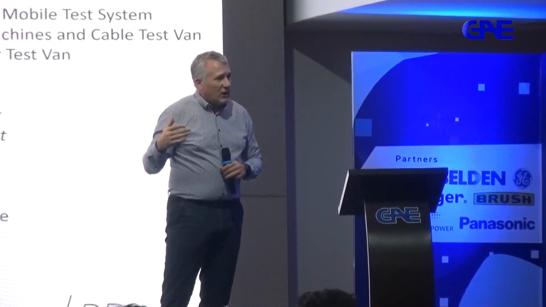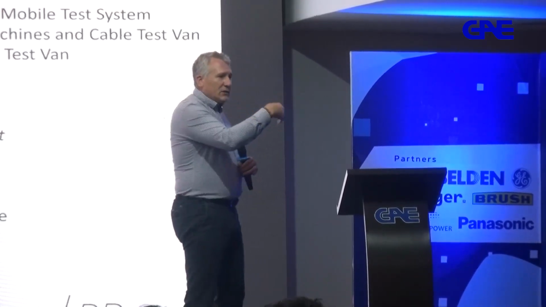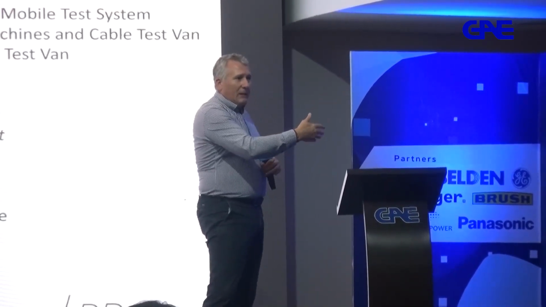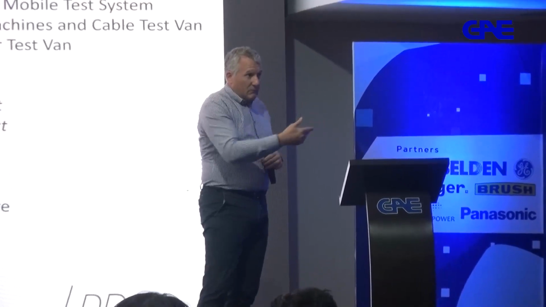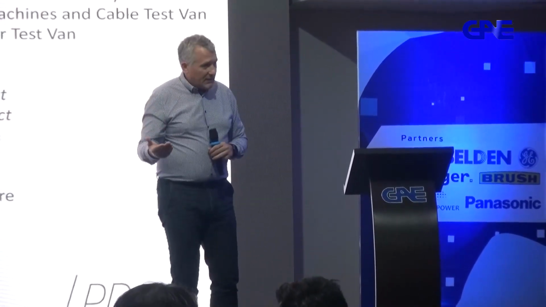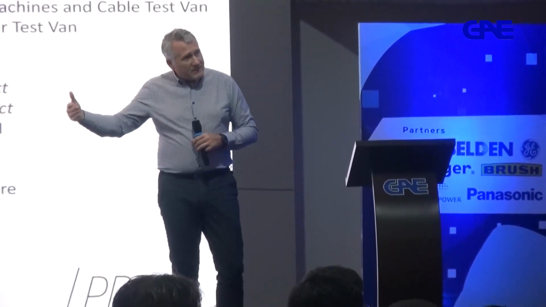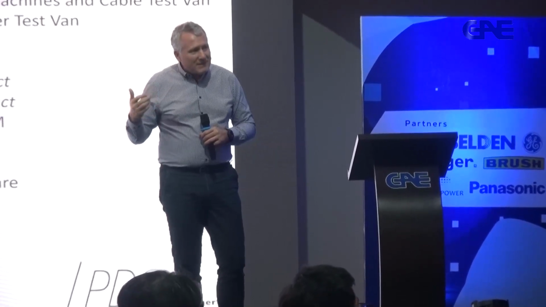Or in the case of a GIS, you're not going to disassemble the entire GIS, you're just going to look at a certain section. So finding that you have PD in a certain area of your cabinet, great, one first step. But taking those other steps, I would say, especially for expensive, high voltage assets, is very important too.